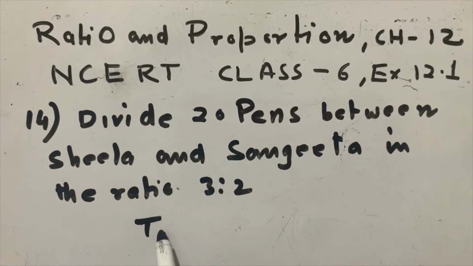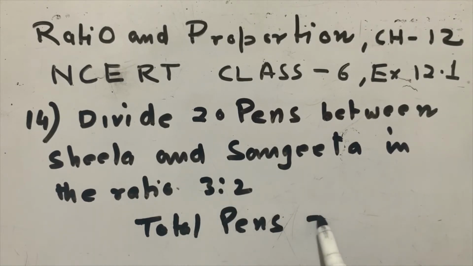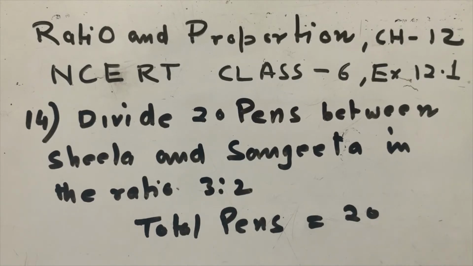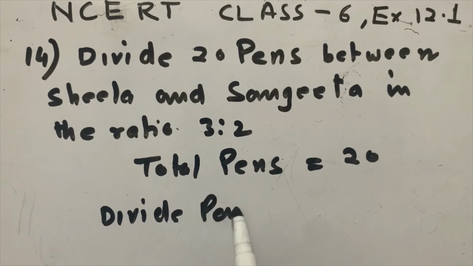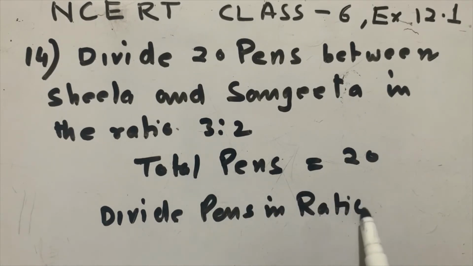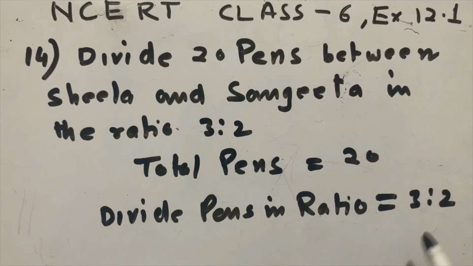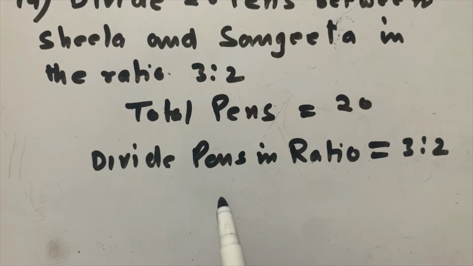Total pence is equal to 20, and we have to divide it between Sheila and Sangeeta in the ratio 3:2.